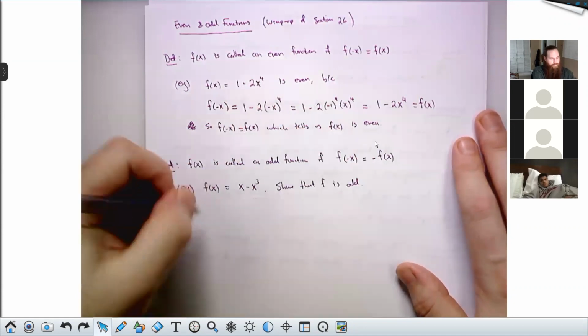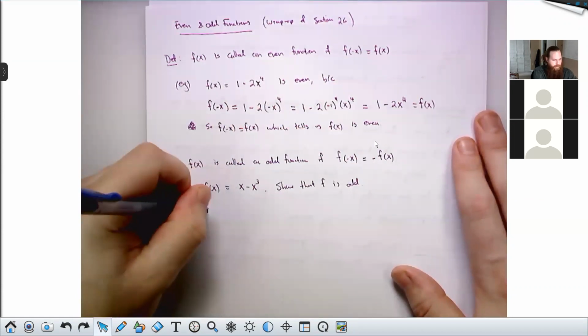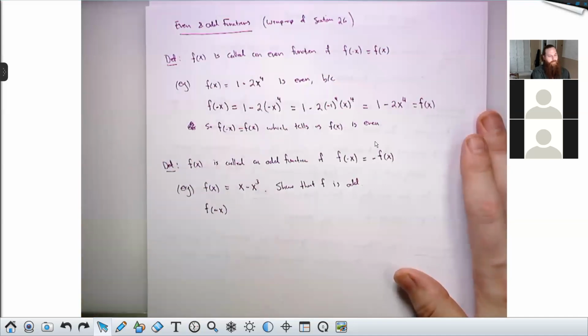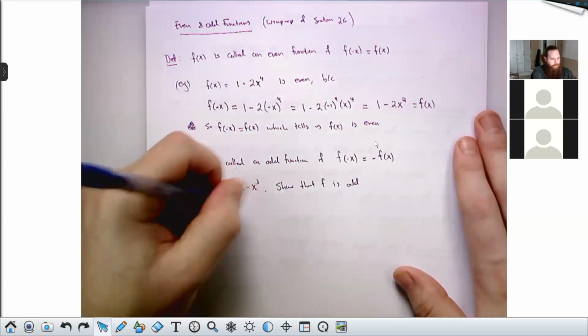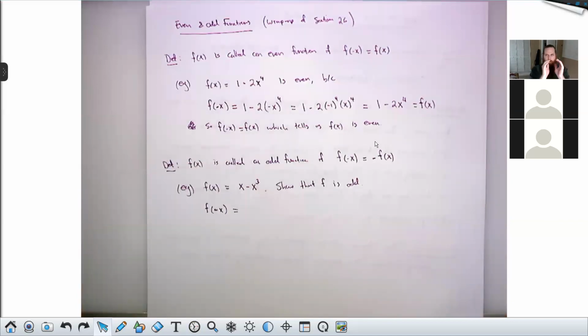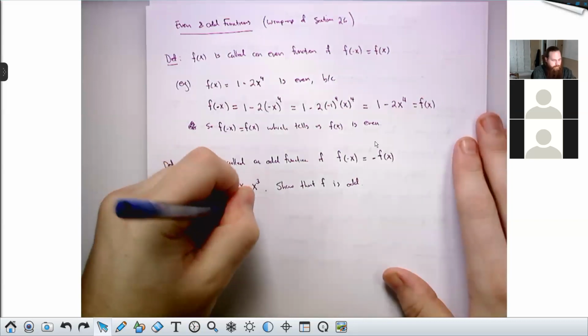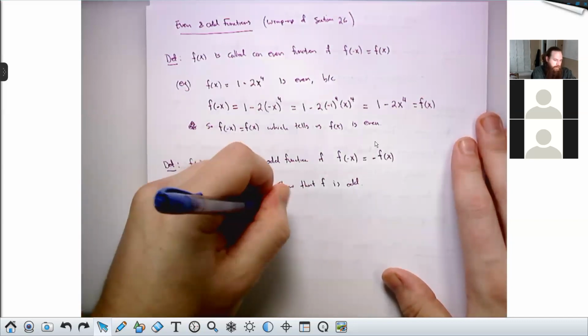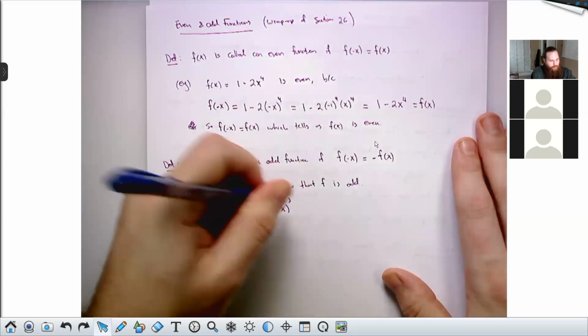Here what I would do, just like in the other one, I'm going to see what f of negative x simplifies to. For this one, f of negative x, again, everywhere there's an x, I come in and in parentheses, very carefully, I swap each x with negative x. So this is negative x minus negative x all cubed.